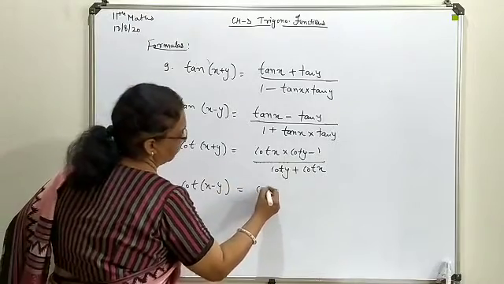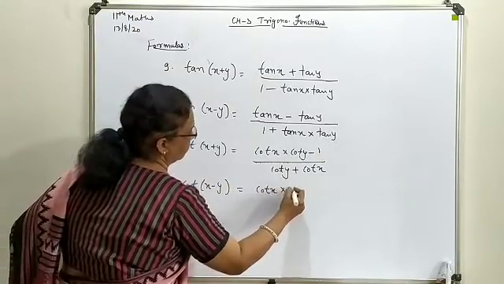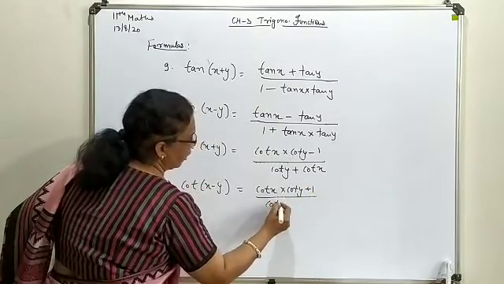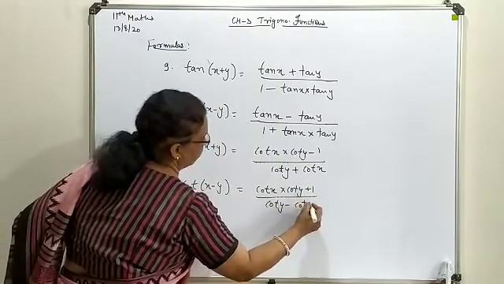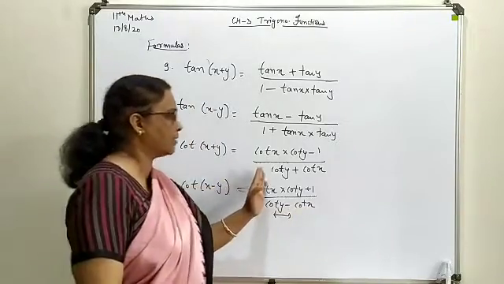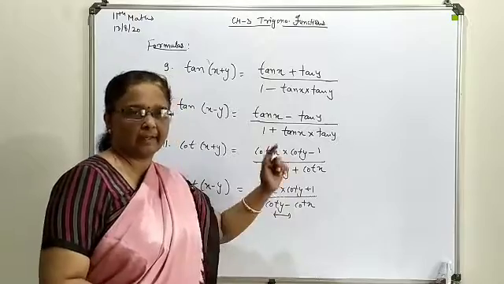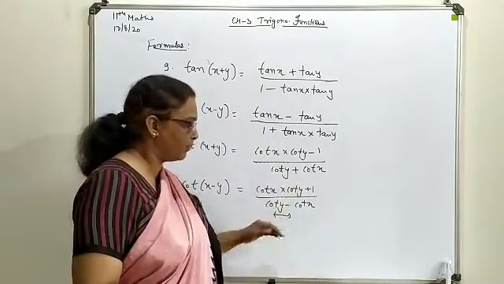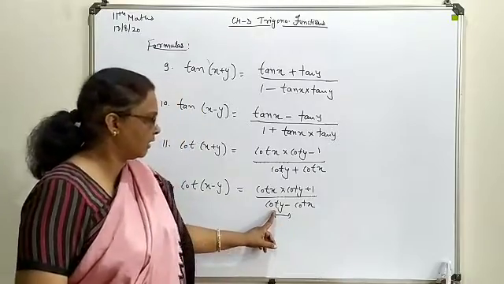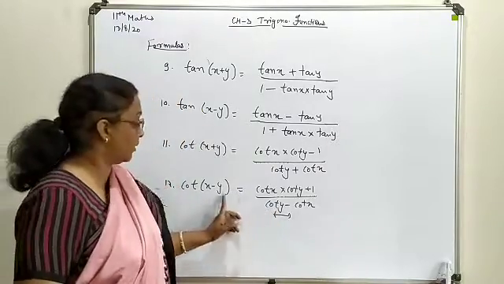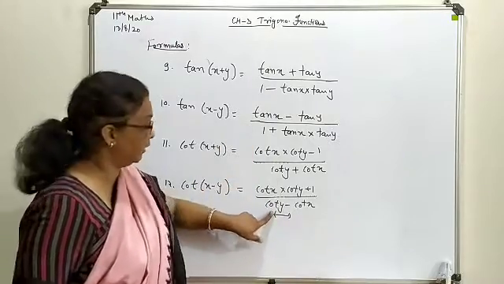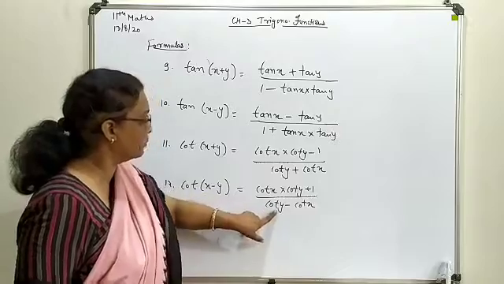So this is (cot x cot y + 1) upon (cot y - cot x). This position is very important. In plus, it doesn't matter whether you write cot x plus or cot y plus. But here, when you are dealing with the negative sign, it will produce a negative sign. So this second angle you will write first here, because we are going to write here the reciprocal of the tangent to produce this formula form.